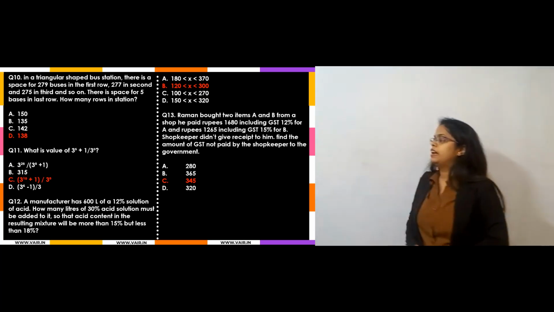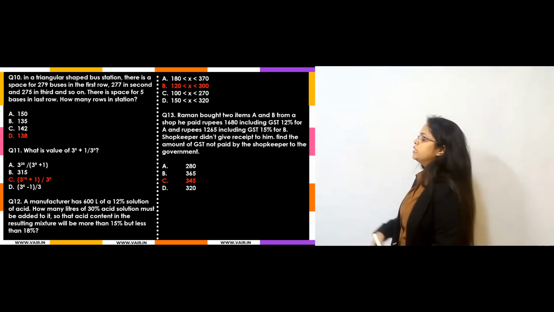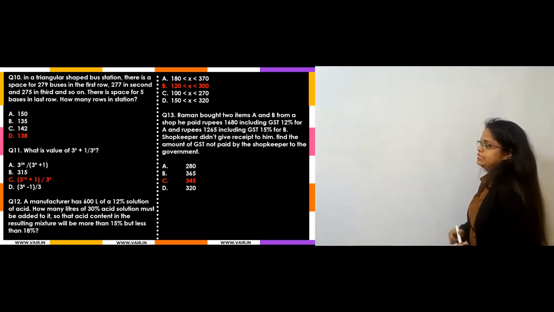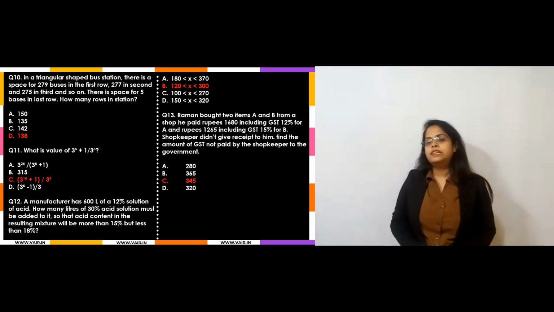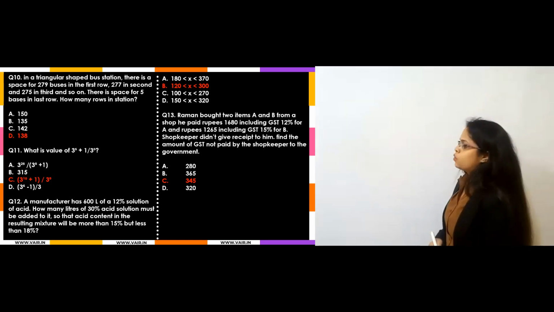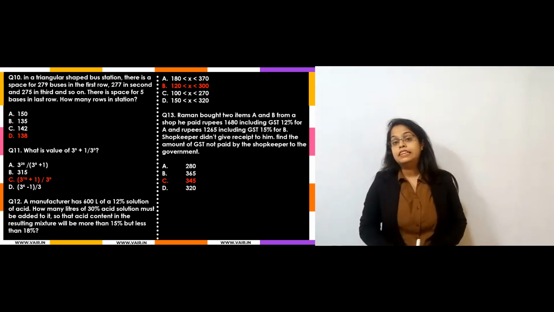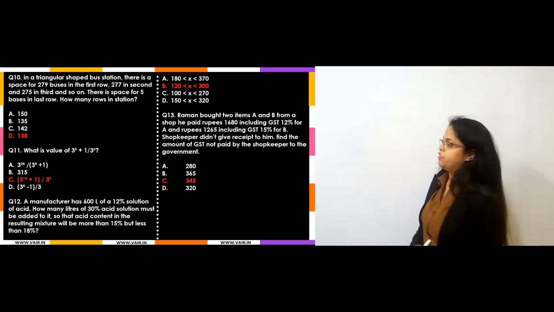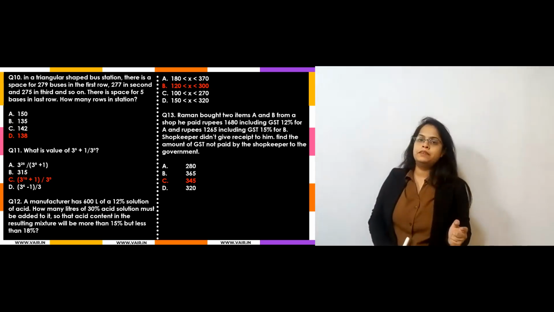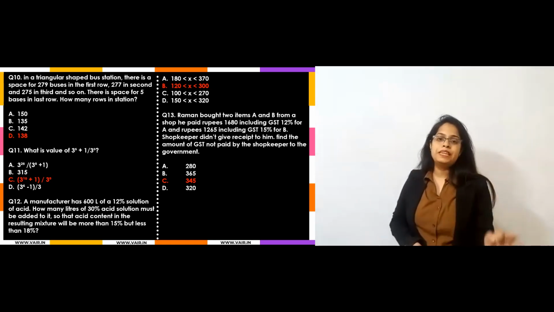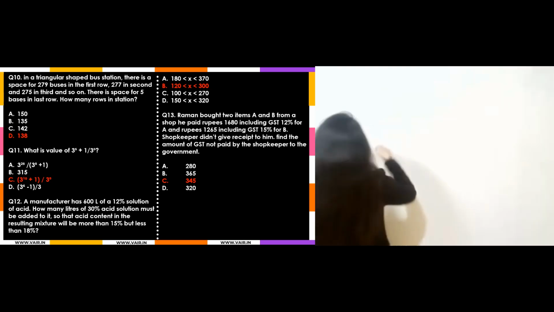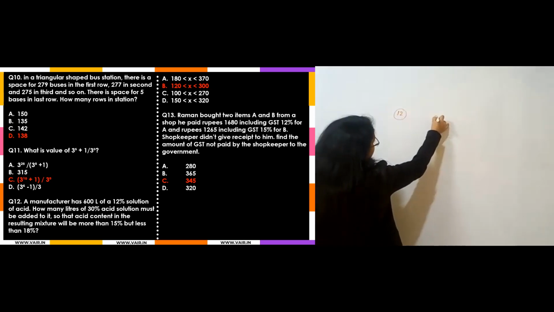A manufacturer has 600 liters of 12% solution of acid. How many liters of 30% acid solution must be added to it so that the acid content in the resultant mixture will be more than 15% but less than 18%? Simply an alligation based question. You can see it is 12%, 30%.